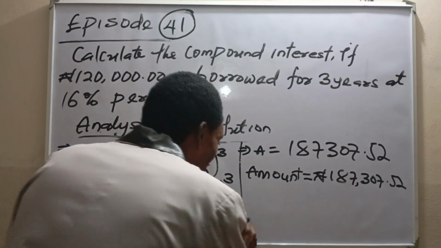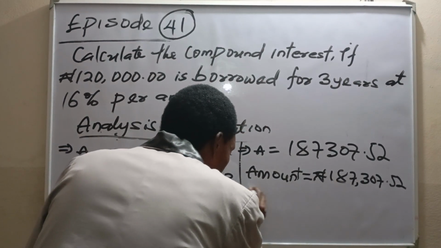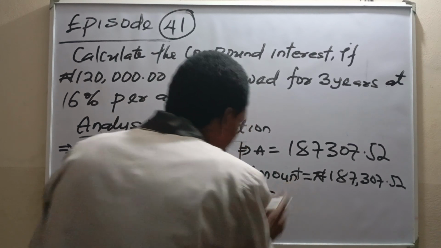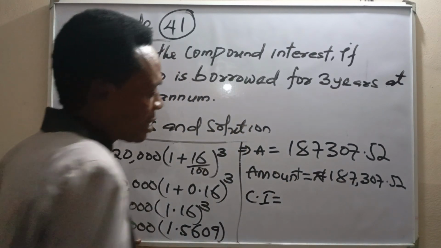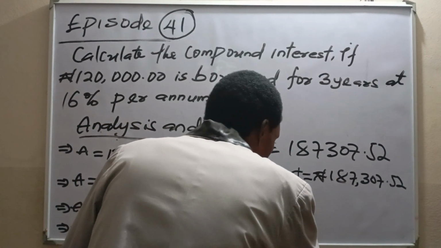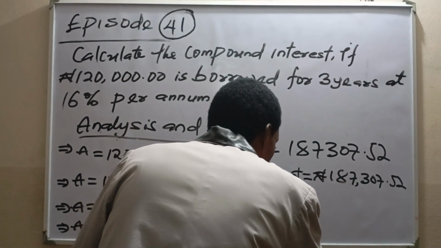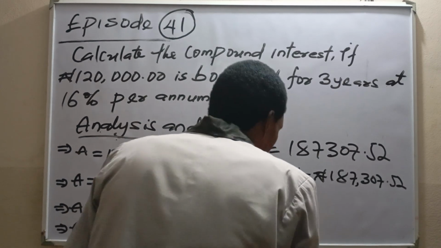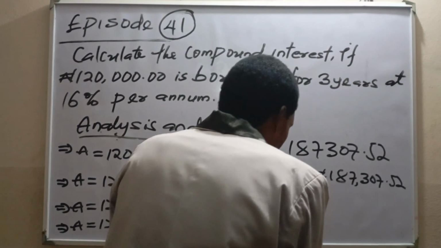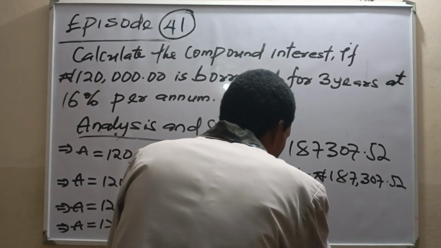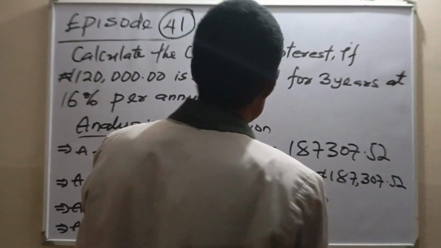Then the compound interest, which we said is amount minus principal.